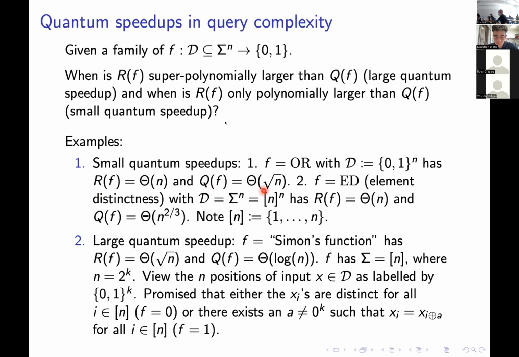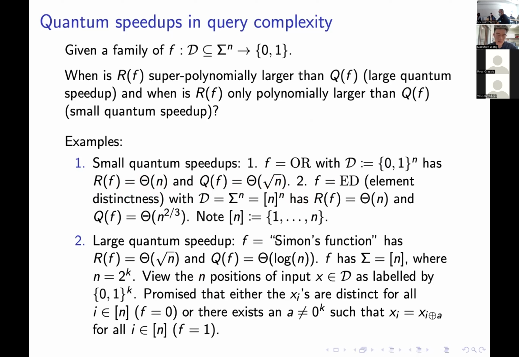In Grover search, you want to find a marked item, and to compute OR, that's exactly what you're trying to do. You're trying to find if there's a 1 in the string that is given to you. So in this case, we see that Q is quadratically faster than R.